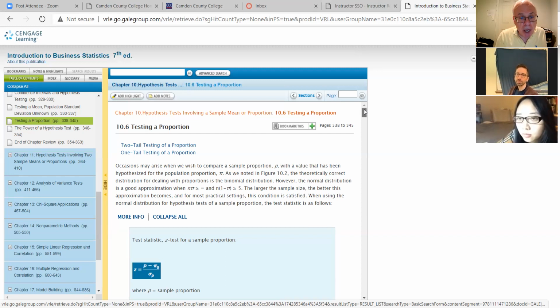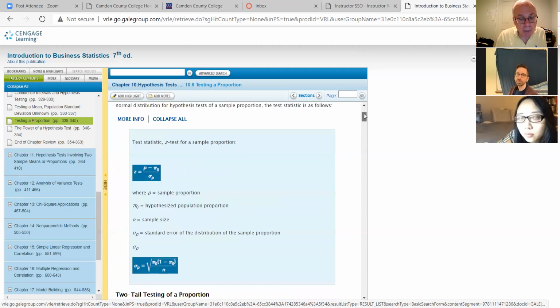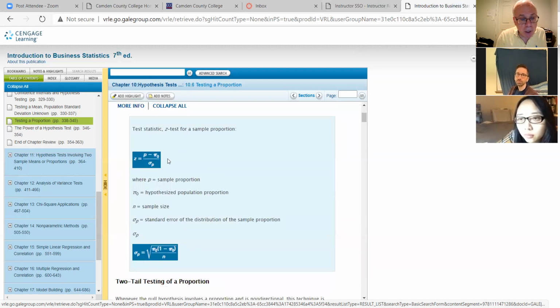Now, the third step is to calculate what's called the test statistic. Now, for proportion, it's basically the z-score. All right, always for proportion, z-score. Now, remember, we're modifying the symbols a little bit here. We're saying that P is going to be our population proportion, and P hat, the little hat above it, is going to be our sample proportion.